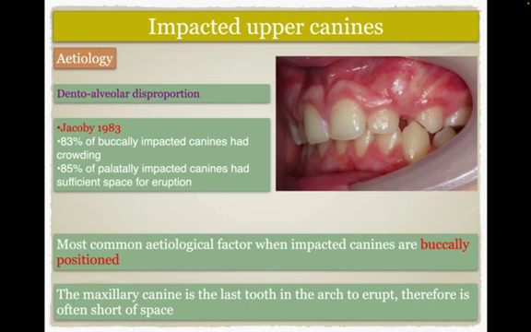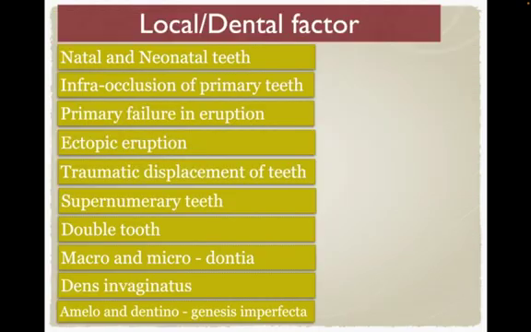Now when the canine is trying to erupt, there is no space left because it's the last tooth to erupt. So what's going to happen? Either the canine will stay impacted, but not in the palatal direction, in the buccal direction, or it will erupt ectopically in the buccal sulcus. So when we have a crowding problem, the main etiology results mainly in buccally impacted canine, while the genetic and guidance theories and long path of eruption mainly explain the palatally impacted canine.